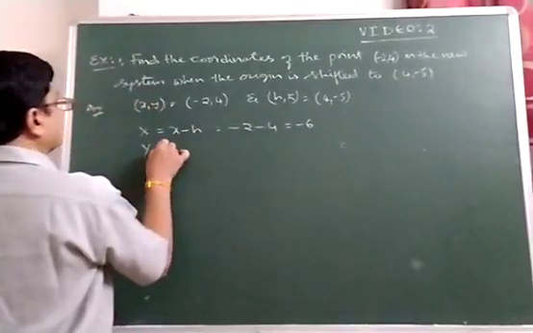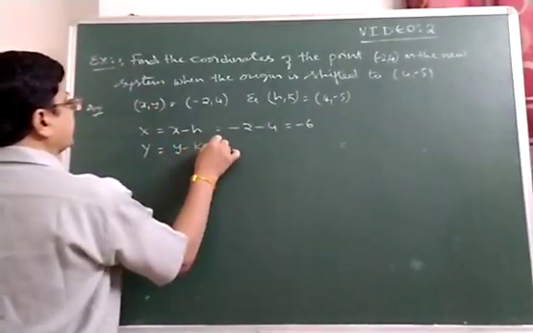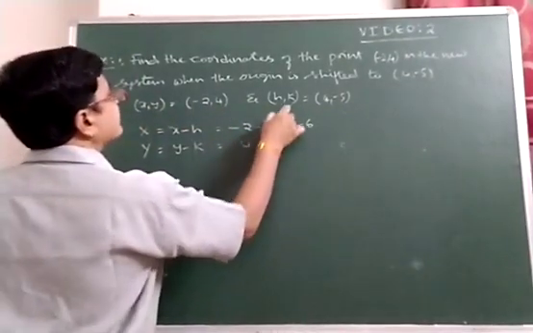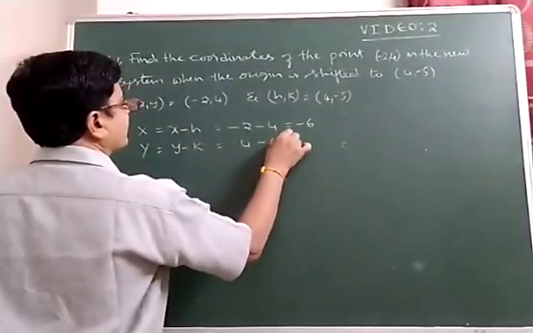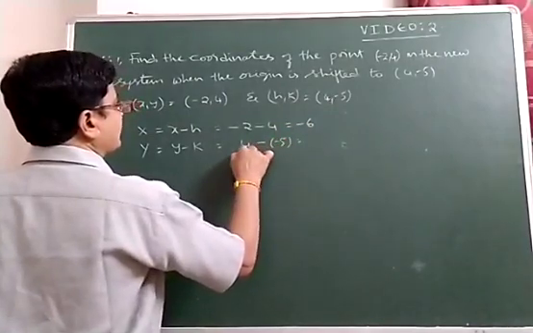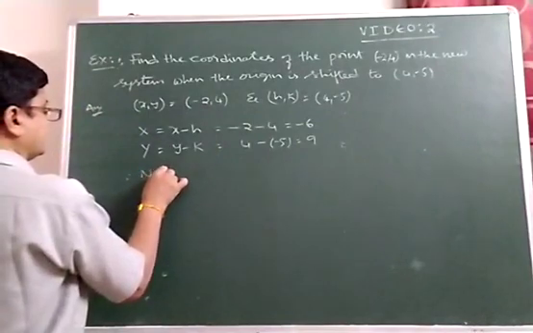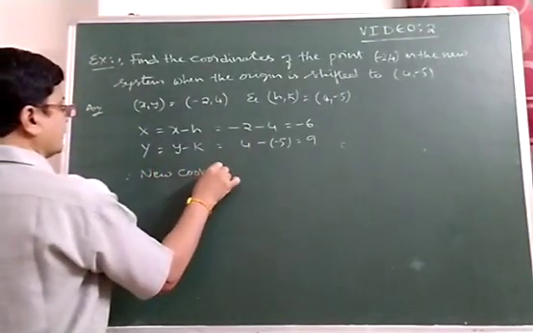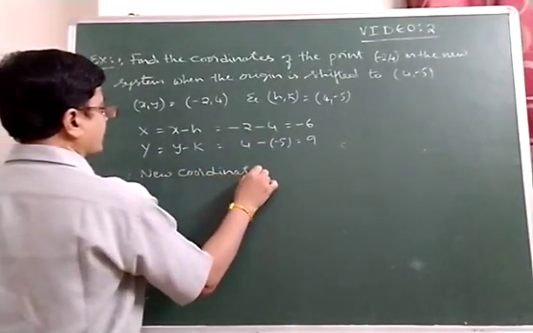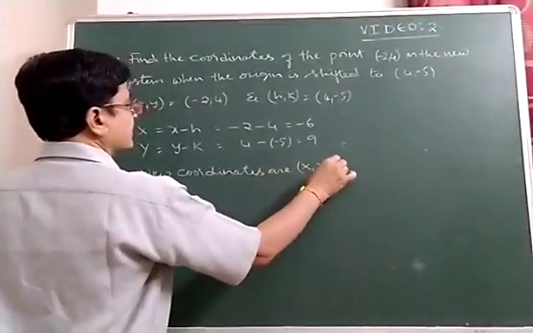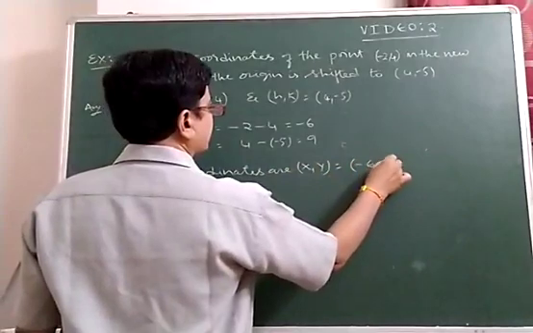And capital Y is equal to small y minus k, that is 4 minus minus 5, so minus of minus is plus 5 plus 4 is 9. Therefore the new coordinates are capital X comma capital Y, that is equal to minus 6 comma 9.